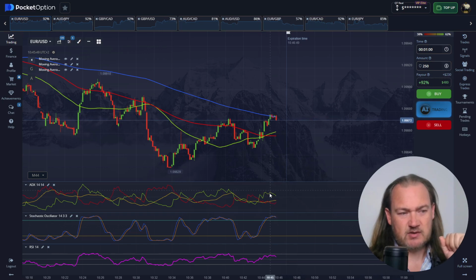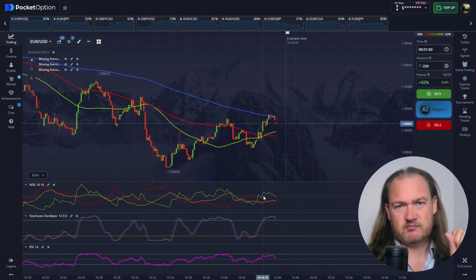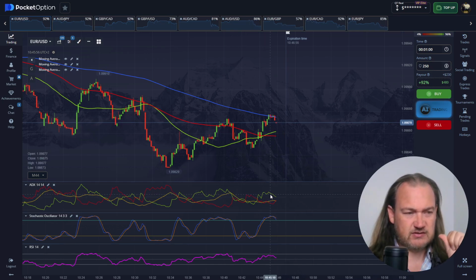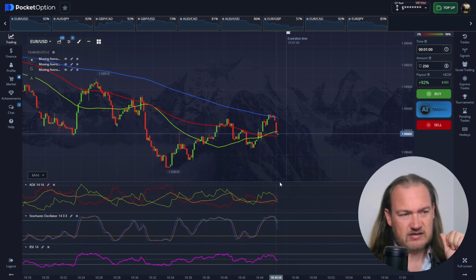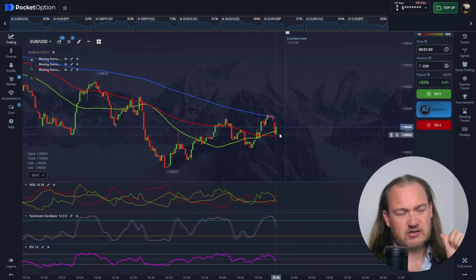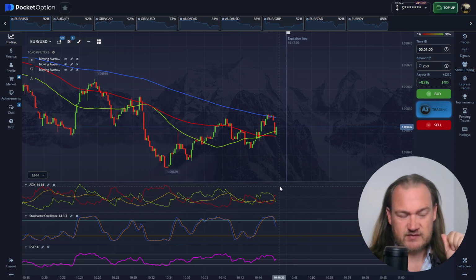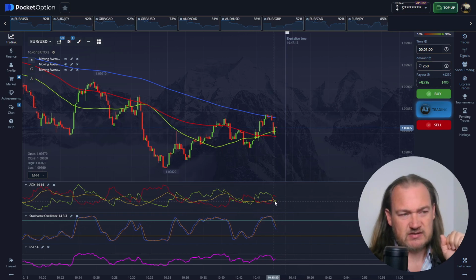Your DI plus and minus, the green is the plus, the red is the minus, show you the direction of the price movement. So we're going to look for DI spikes, this should be a buy here actually, that are relatively high, like 50 or above, while my ADX remains quite low.